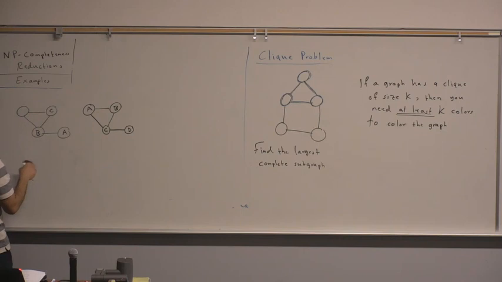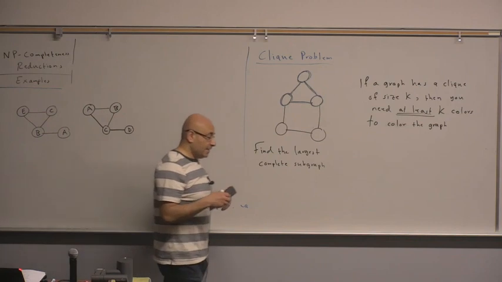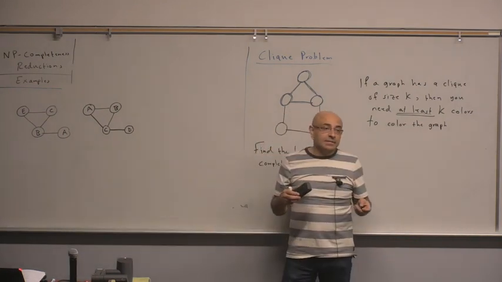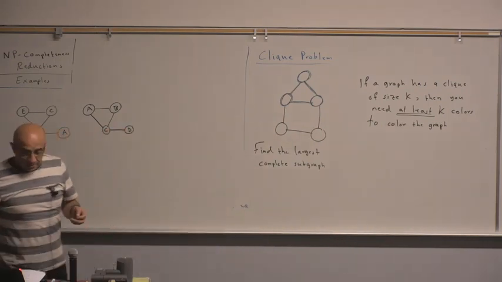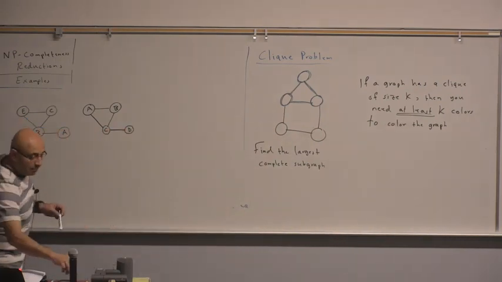This could be A, B, C, E. Basically, two graphs are isomorphic if they are the same shape, the same graph, but with different vertex names. Okay, so you can do a mapping. If two graphs are isomorphic, you can map from one graph to another.